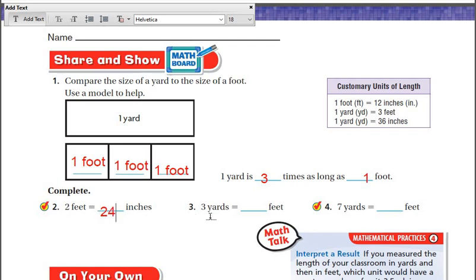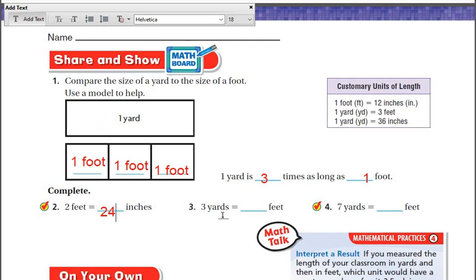Here we have 3 yards. We want to know how many feet are in 3 yards. We know 1 yard equals 3 feet. You can return to your table each time to memorize it well, and you can also use the sheet that I sent you to help you in solving these problems.